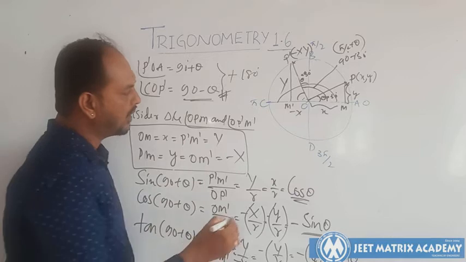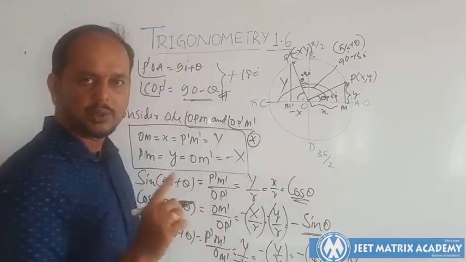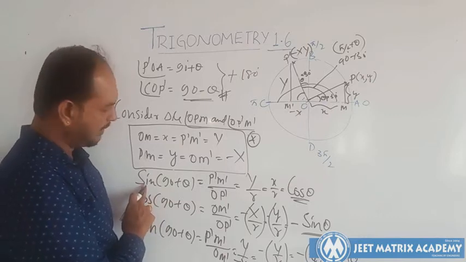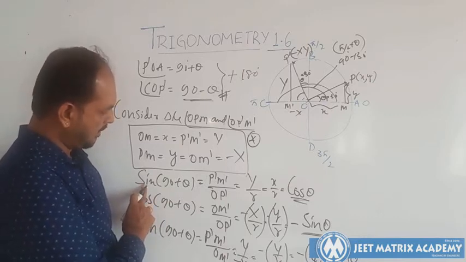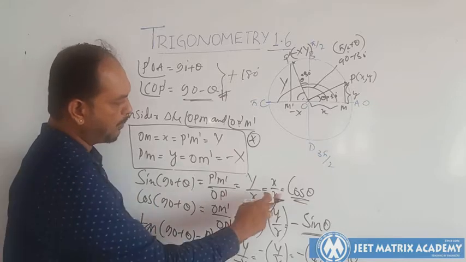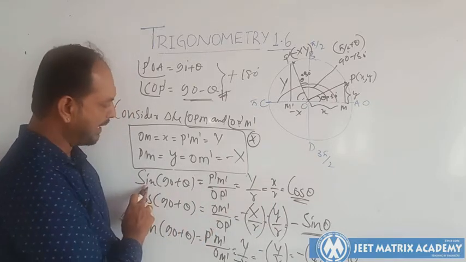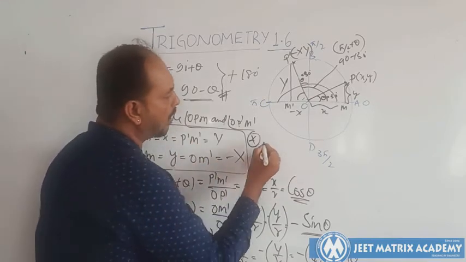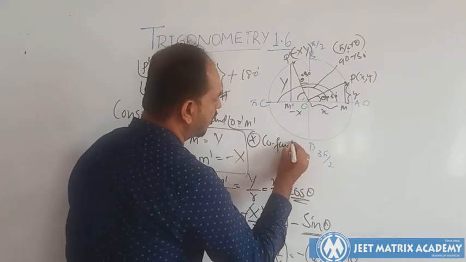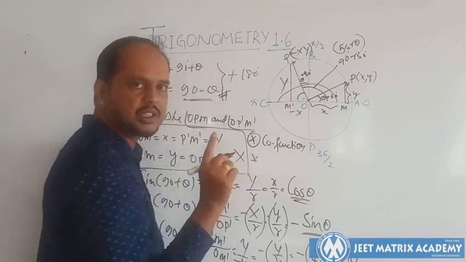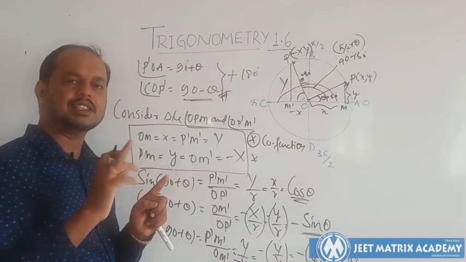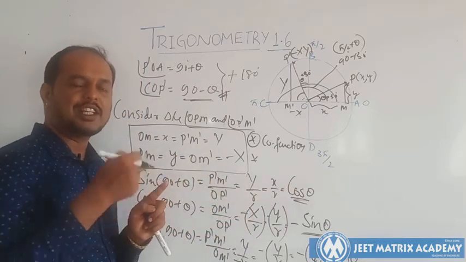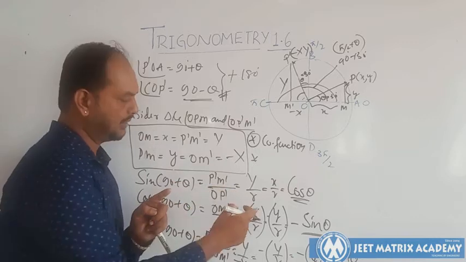So two important observations you could see with this result. Whatever the sign, sine becomes cos, cos becomes sine. Okay, we got co-functions. First observation: sine of 90 plus theta changes to cos theta, cos of 90 plus theta becomes sine theta.